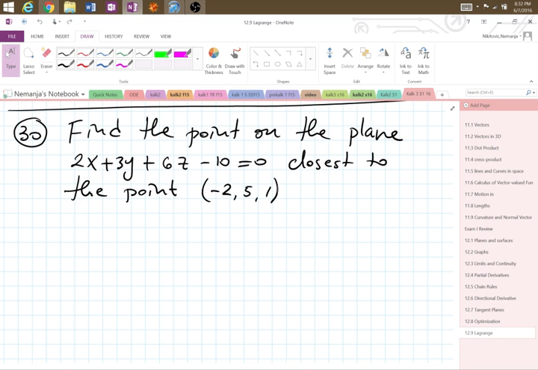When you read this problem, which concept are you either maximizing or minimizing? Distance. You are looking for the closest distance to the plane.